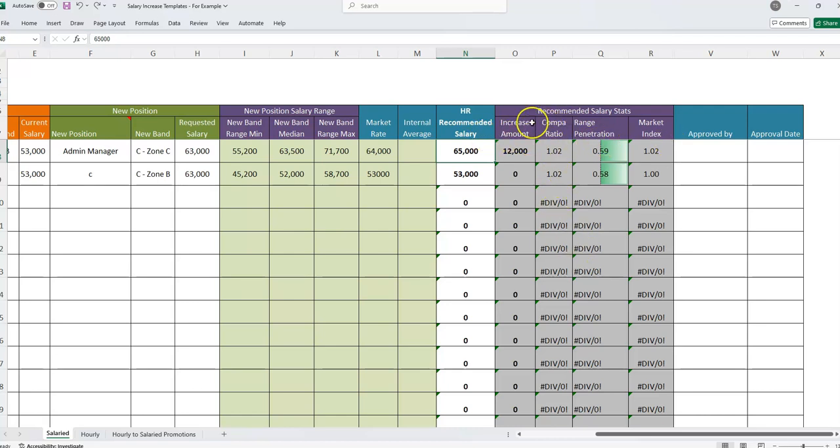So these gray columns will auto-populate after filling out the ranges and the requested salary information. So you can also use something like this template when you're doing location analysis, as well as promotions and job changes.